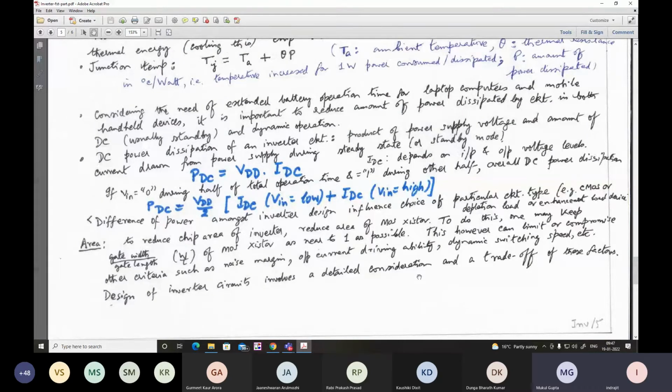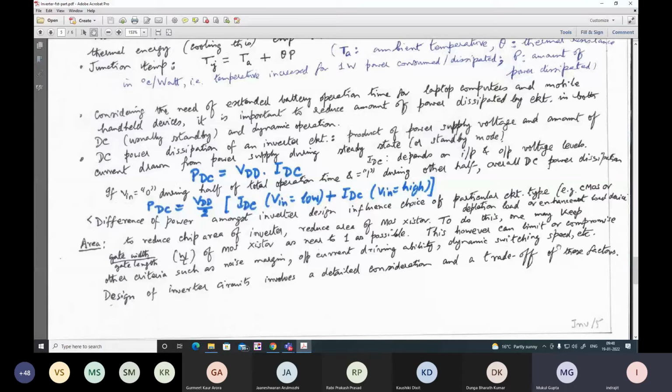So if limiting the power dissipation or power conservation is our objective, then we have to tolerate some propagation delay, some loss in speed. So the speed-power trade-off will also be a basis for designing acceptable inverters and acceptable gates. That we shall see later.